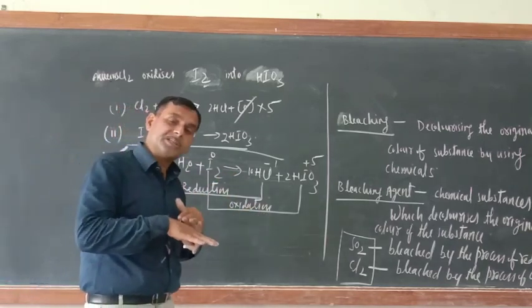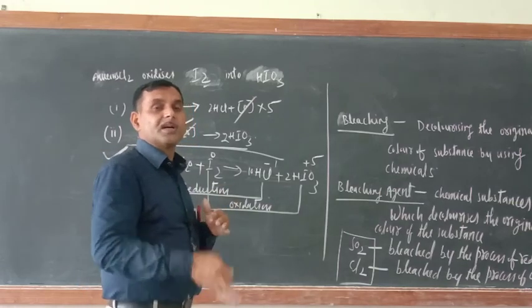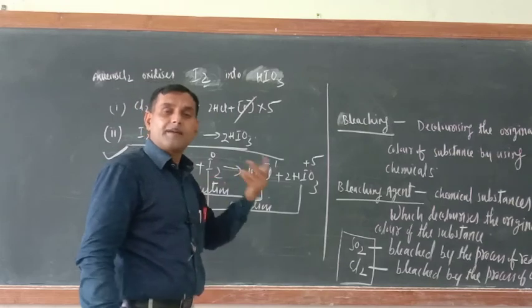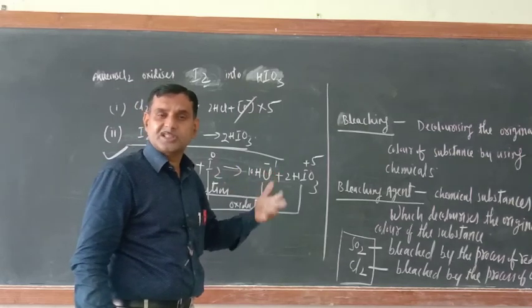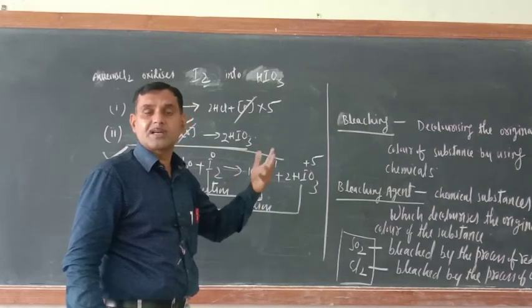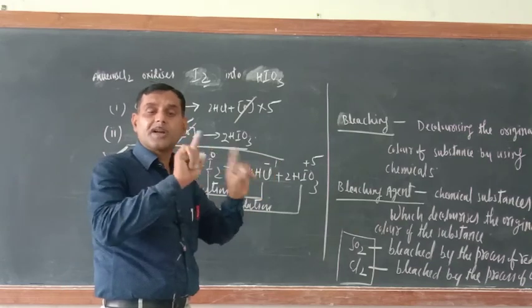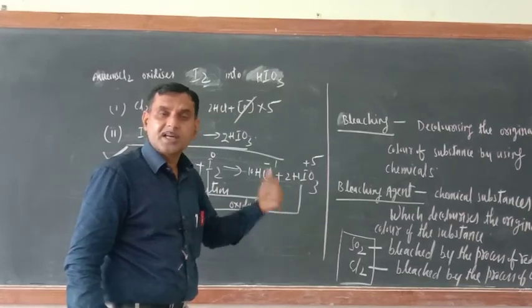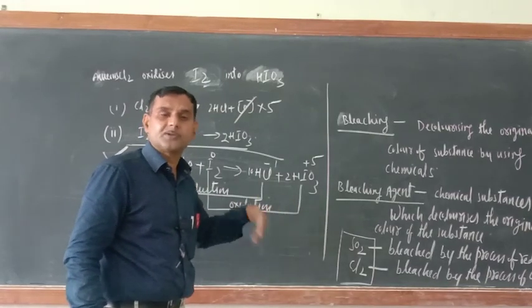But if bleaching is done by Cl2, its bleaching action is an example of the oxidation process, and the opposite of the oxidation process is reduction, which is not available in the atmosphere. Reduction requires nascent hydrogen, which is not there in the atmosphere. That is why the bleaching action of Cl2 is permanent.